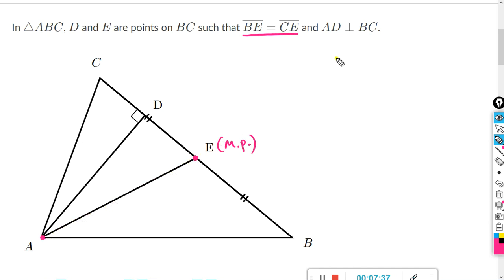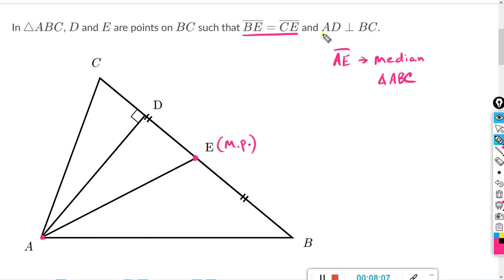So AE is a median. And just to make sure, that is a median for the big triangle, ABC. Since this was the midpoint of this whole thing right here, that's a median for triangle ABC.